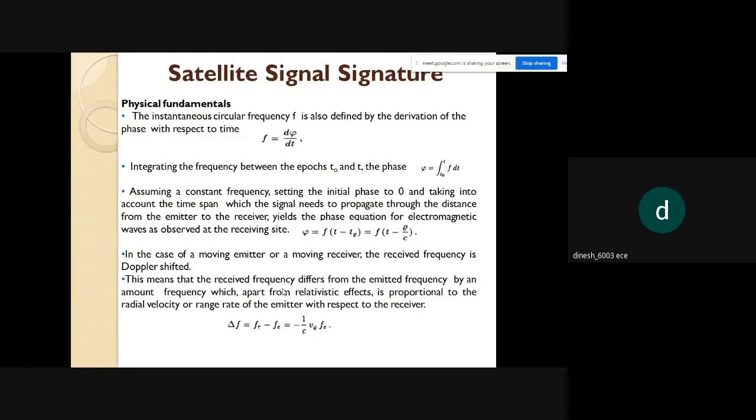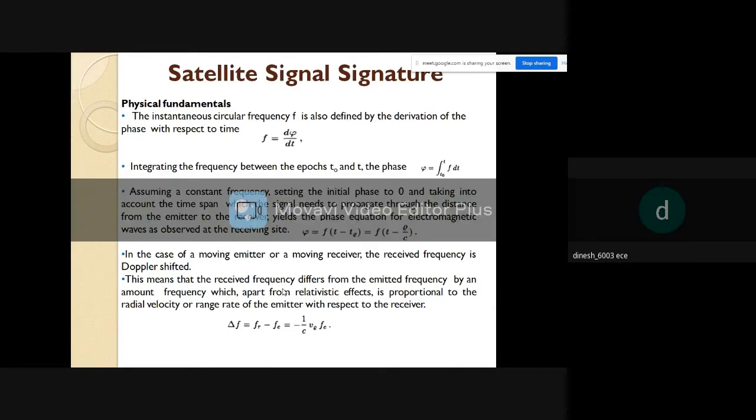And from this you can find φ = f(t − τ/c), which is a relation.